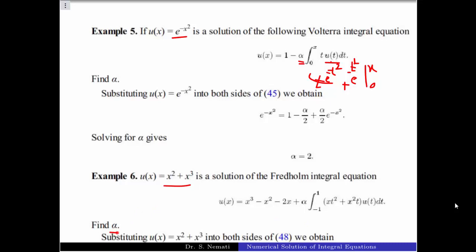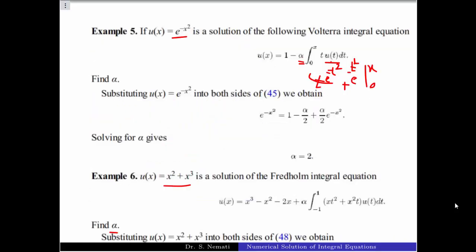So we have to find the value of alpha by considering this function as a solution of this integral equation. So once again, similar to the previous example, we substitute the suggested solution in both sides of this integral equation and compute the integral part and simplify the result.